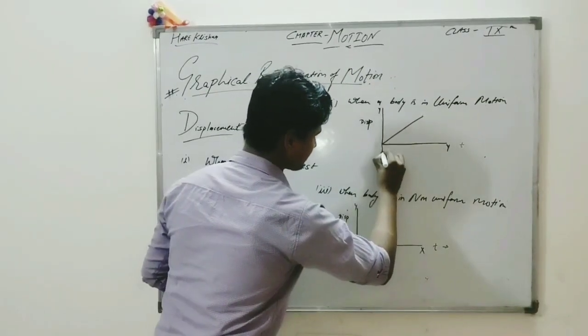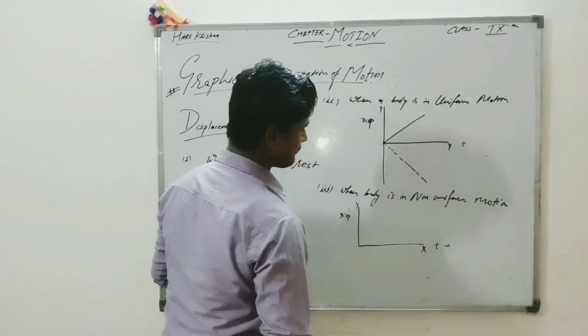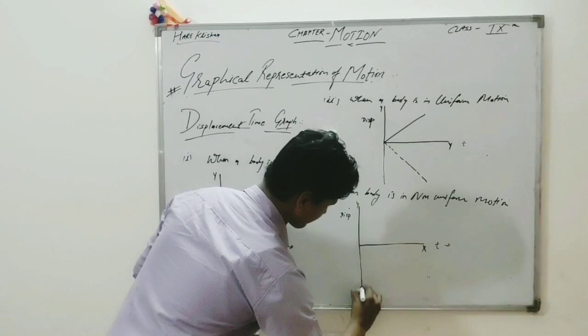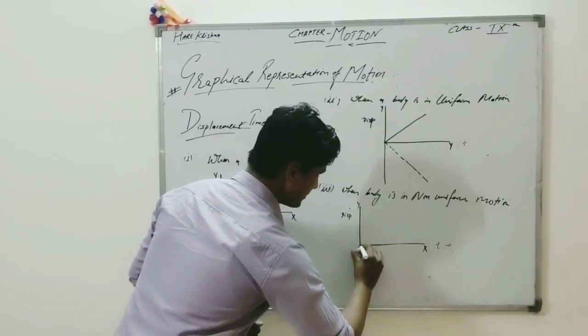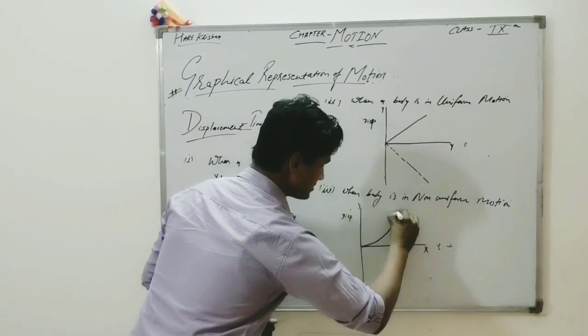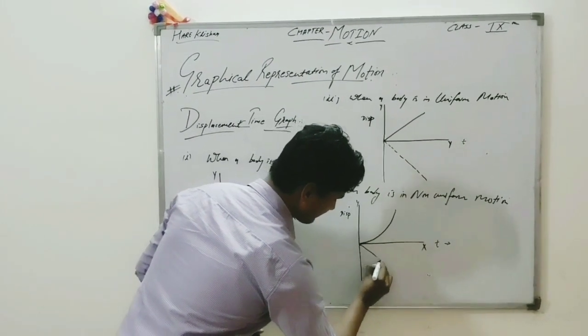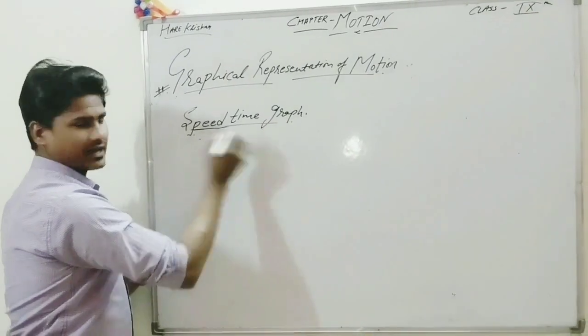Similarly, when the body is in uniform motion, and when the body is in non-uniform motion, we obtain a curved line in the positive direction and a curved line in the negative direction.